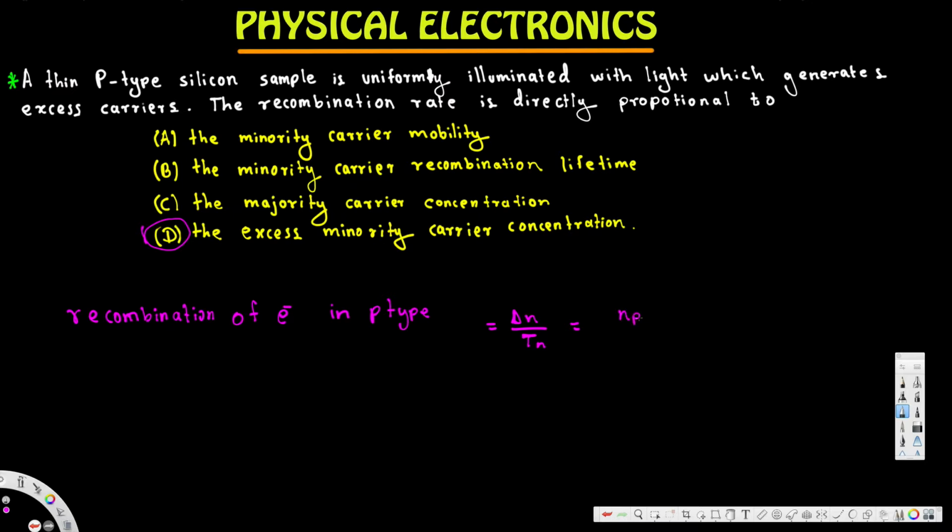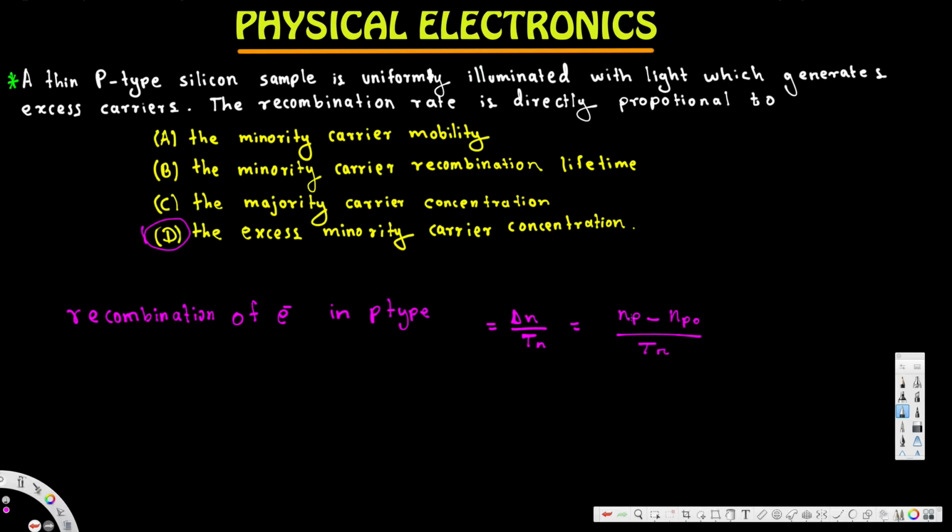So we can say n_p, the actual minority carrier value, minus n_p0, the minority carrier value in thermal equilibrium, divided by the lifetime of the minority carriers, that is, electrons.